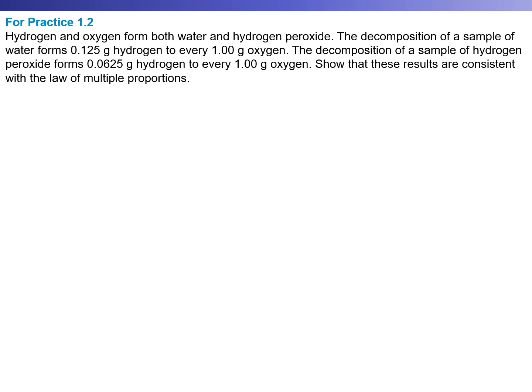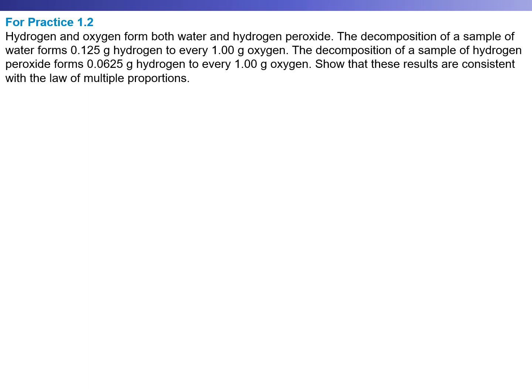You'll notice that in both of these situations, we're comparing a variable amount of one element to 1 gram of the other. So we're comparing variable amounts of hydrogen to always 1 gram of oxygen, and that's an important feature when utilizing the law of multiple proportions. One of the two elements always has to be equal to 1 gram.